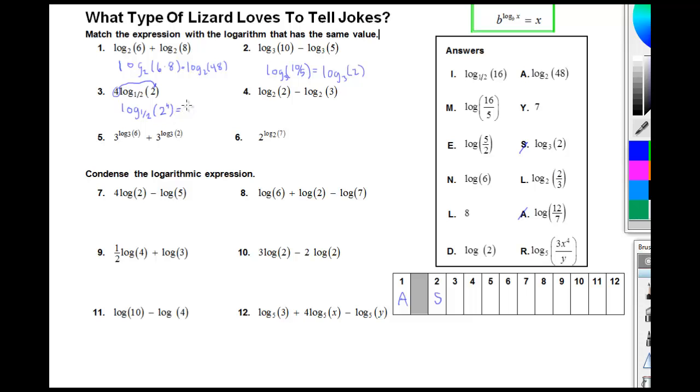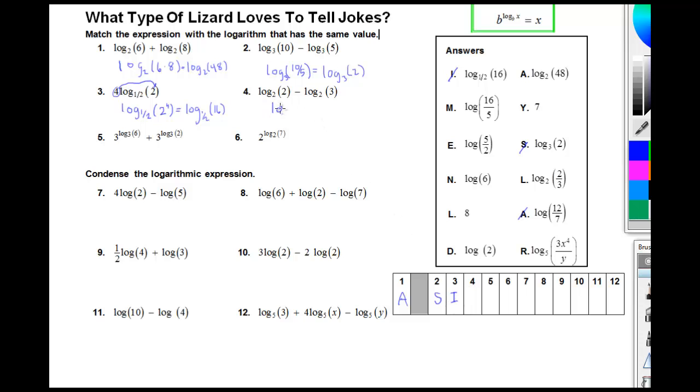And then that becomes log base 1/2 of 2 to the 4th, which is 16. You could look over here and see if you could find log base 1/2 of 2 to the 4th, but that's not here. But if you simplify to the 2 to the 4th, then you get 16. And so then we know that an I goes here.